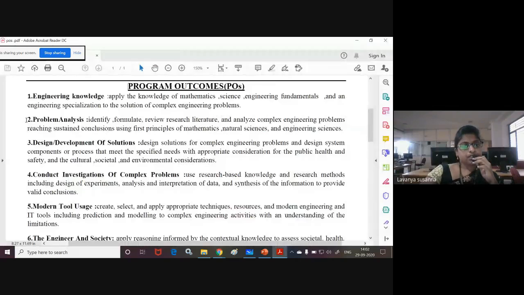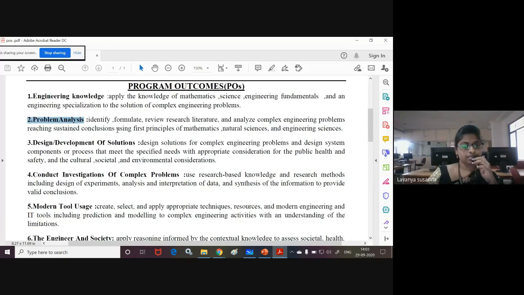CO4 is mapped to PO2, problem analysis, as the analysis phase helps you to analyze real world problems. In the analysis phase, you are going to analyze the system, that is, identify what the classes are, what the objects are, and the relations between the objects.